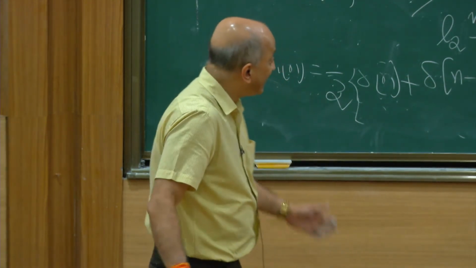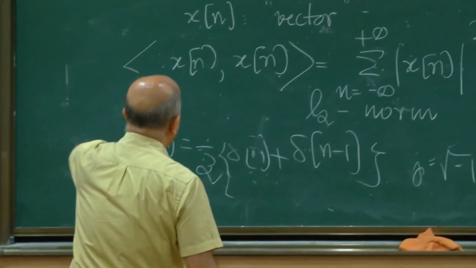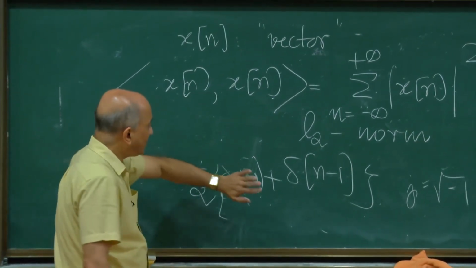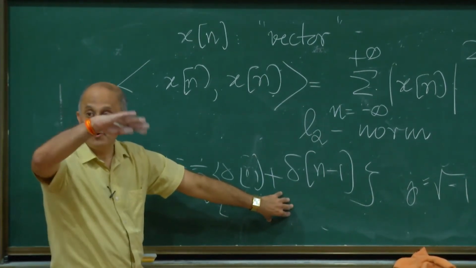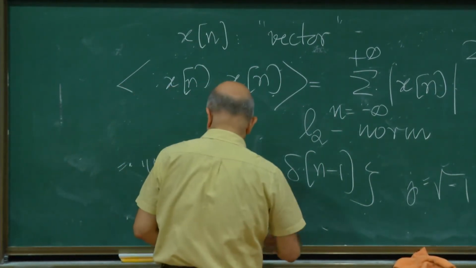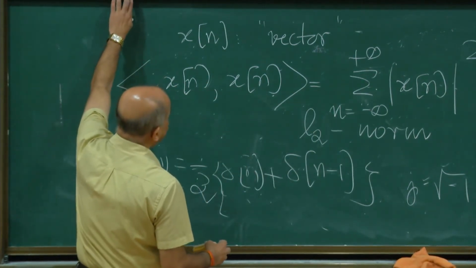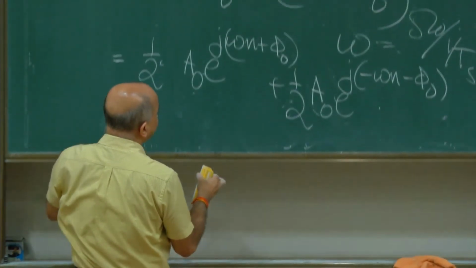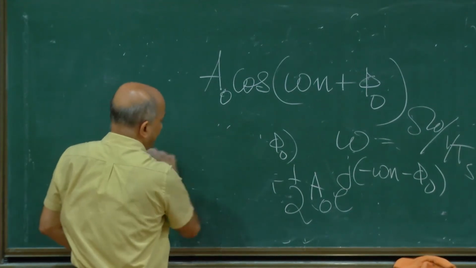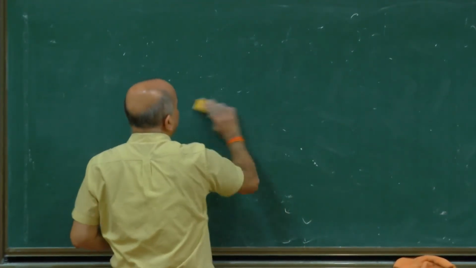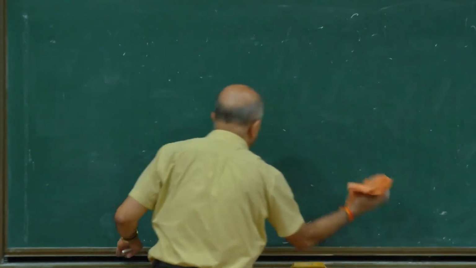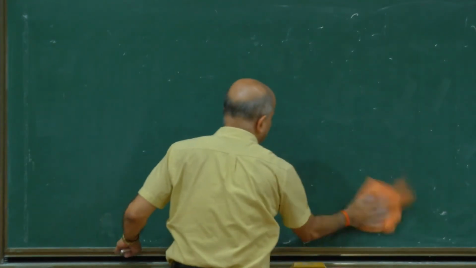Now let's use this idea of the dot product, and let's take the dot product of this unit impulse response with one of those rotating complex numbers. So let's take the positively rotating one, for example.